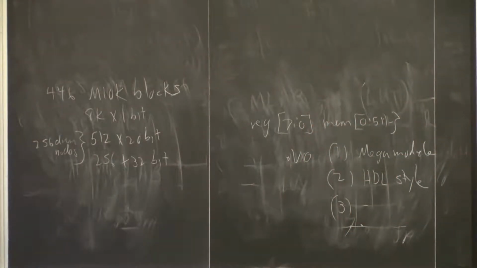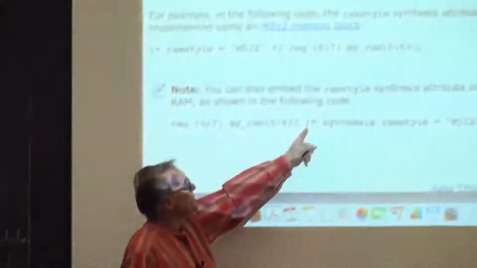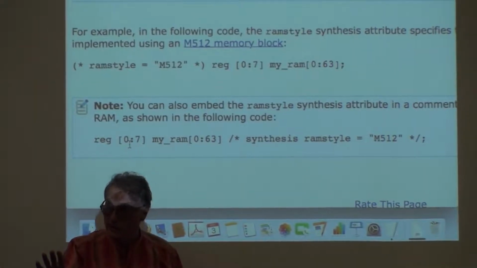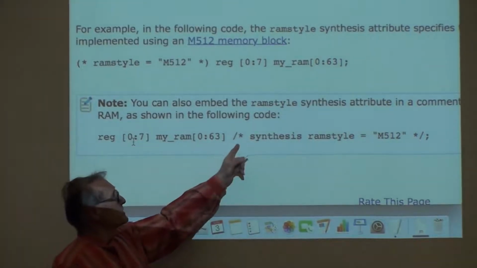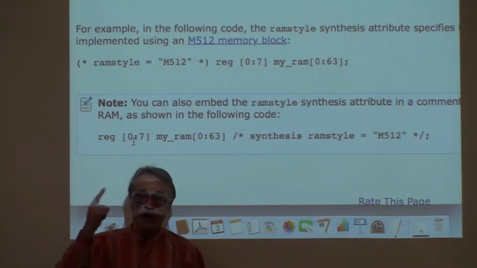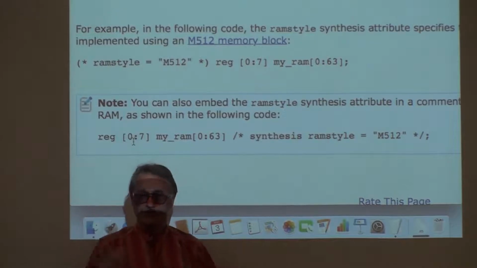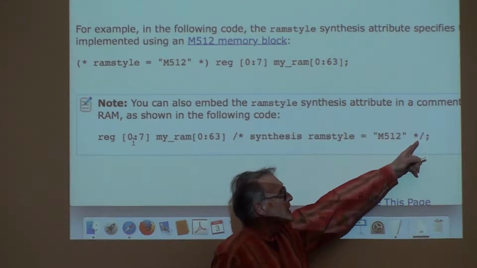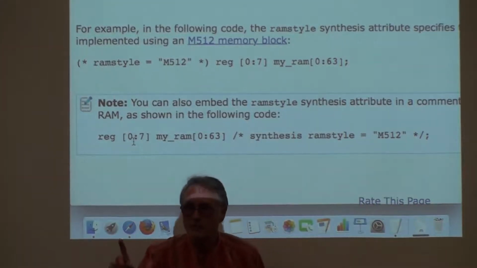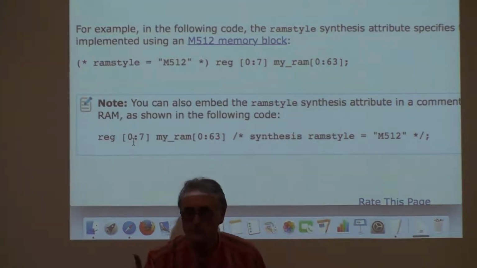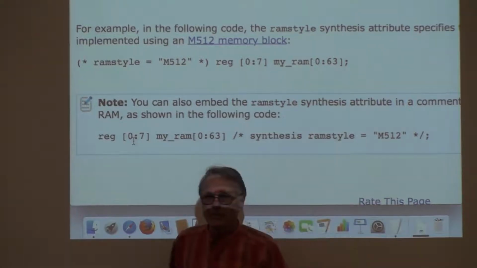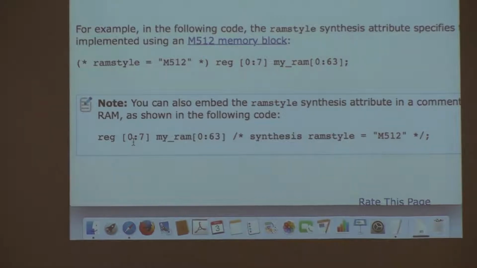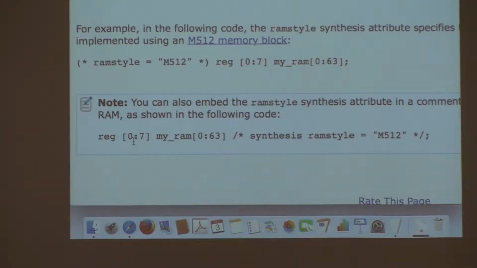You say reg my RAM, and then you say /*. So in Verilog, it's a comment. The Qsys synthesizer says, first word is synthesis. This is a command to me. And says, oh, RAM style equals M512 /*. Notice that it must come before the semicolon. If it's after the semicolon, it's just a comment. That's horrible. But it works.